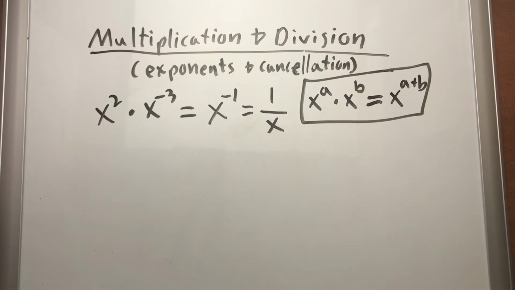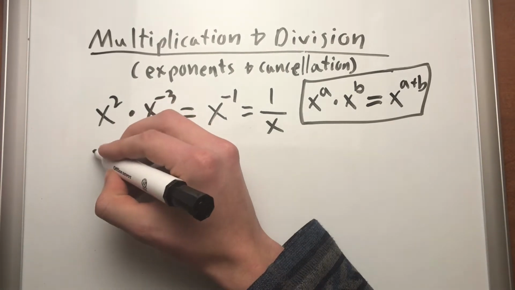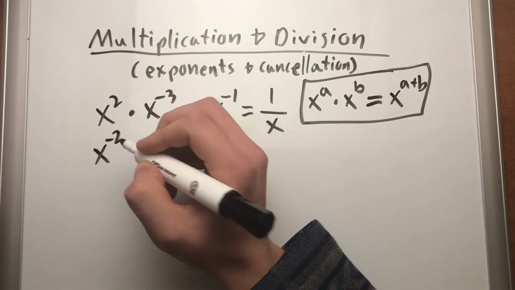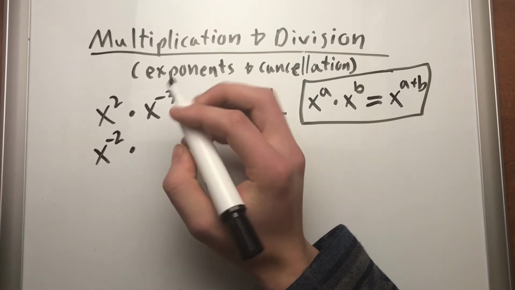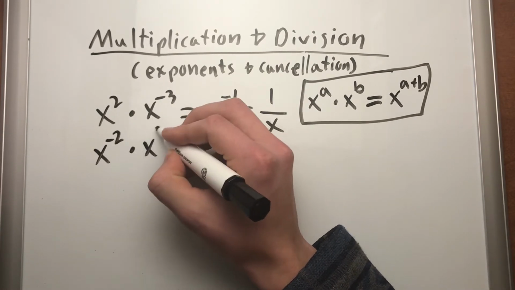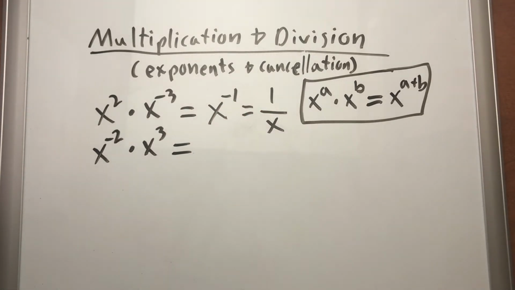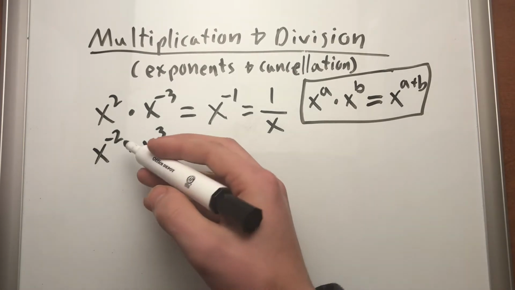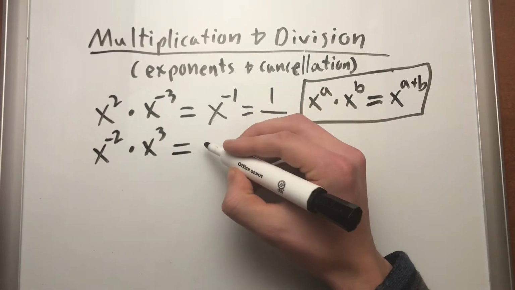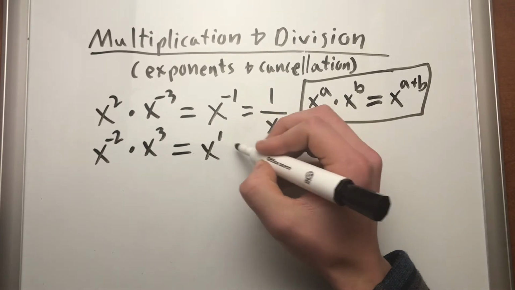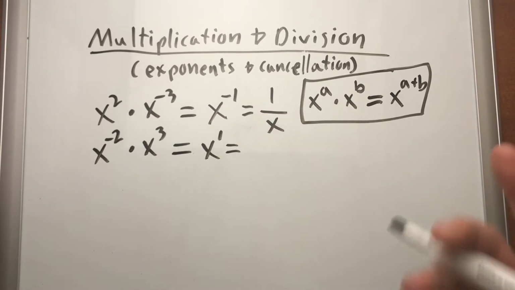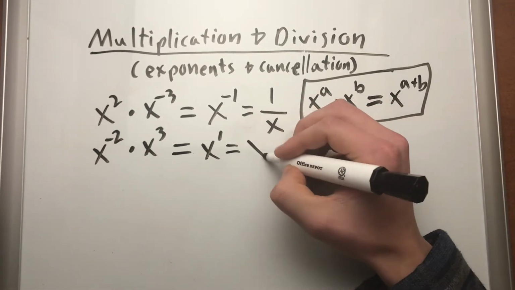So that's interesting. What if we did x to the minus 2 times x to the 3rd? What would that be equal to? Well, let's follow our rule. We'll do a negative 2 plus a 3. That gives us a positive 1, which x raised to the first power is just x.